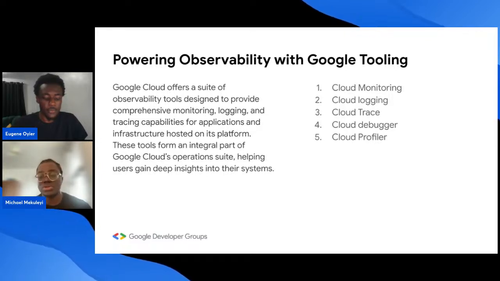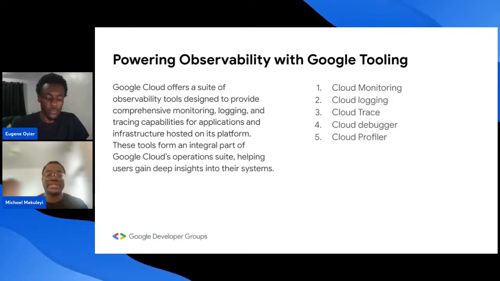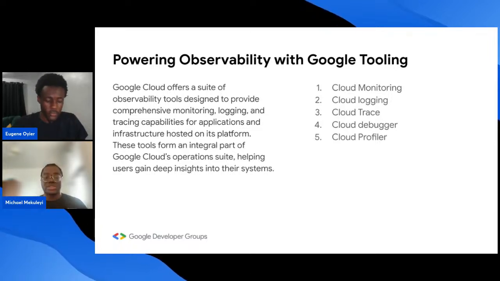These tools all do different things. They all have libraries either in Terraform, in Pulumi, or in CDKTF. And this suite of tools is designed to provide comprehensive monitoring, logging, and tracing capabilities for applications and infrastructure hosted on its platform. These tools also form an integral part of Google Cloud Operations Suite.